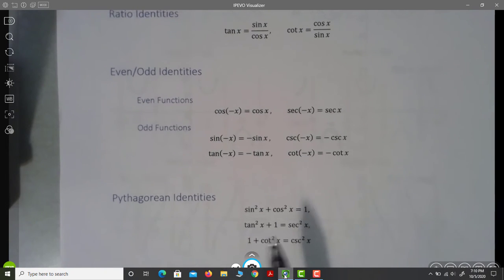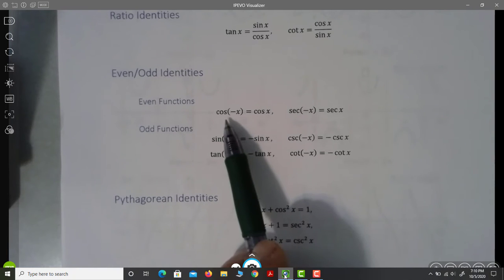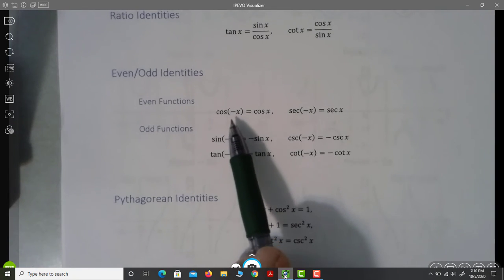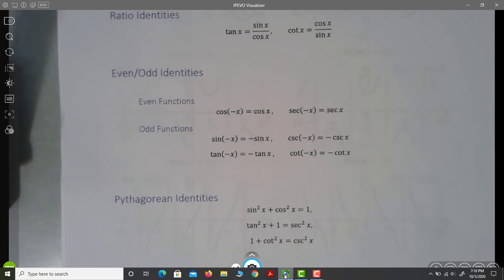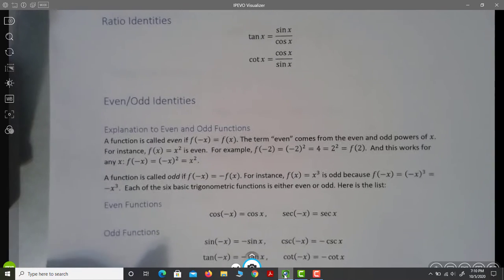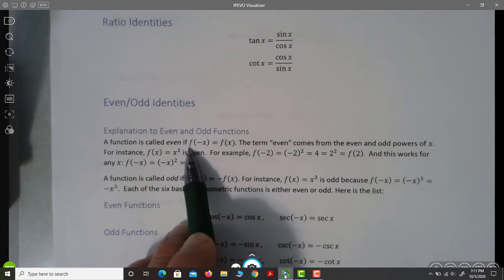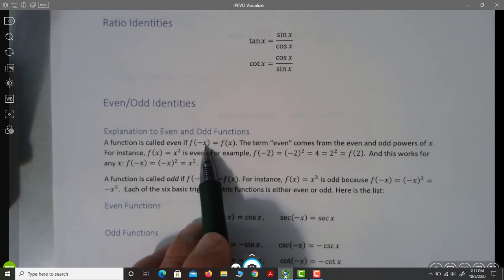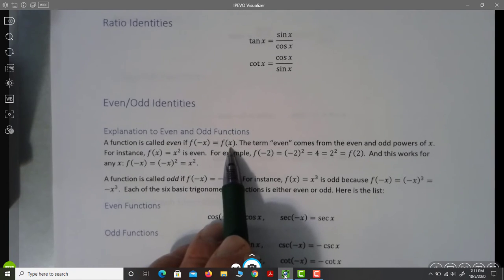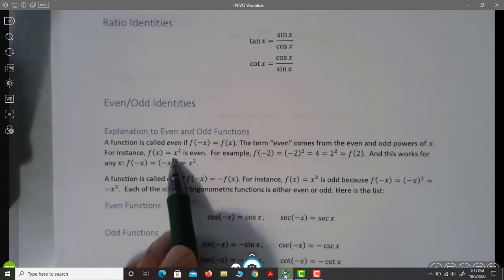But let me just make all that official now by saying that these are known as the even-odd identities, and what we mean is this: if a function is even, then that means f of minus x equals f of x. In other words, if you plug in a number and it's negative, you get the same thing out. The function x squared, for instance, is an example of that.